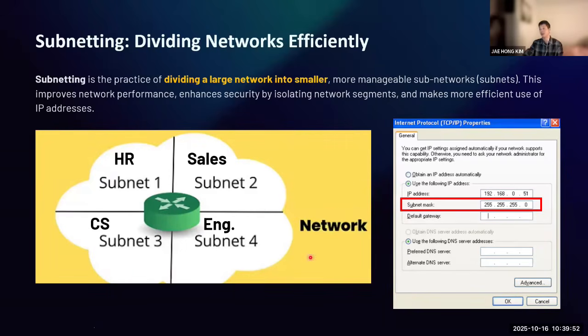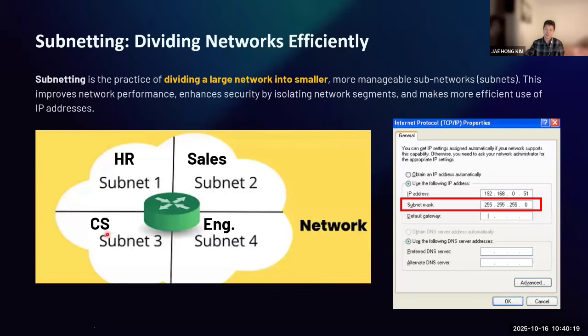So I bring this example. Let's assume you are an IT administrator and you need to configure your network in a secure manner and also in an efficient manner. There are 4 departments under your company: HR, sales, engineering, and customer support.